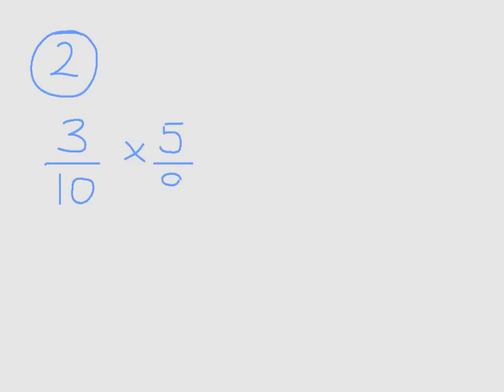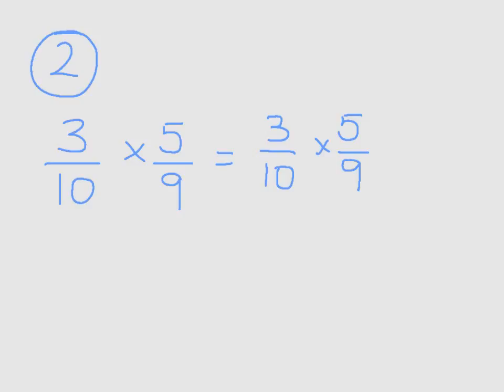Let's have a go at that one using method 2. So again, we've got the same sum we're doing. 3/10 times 5/9. And this time we do our simplification first. So we leave them as their individual fractions.